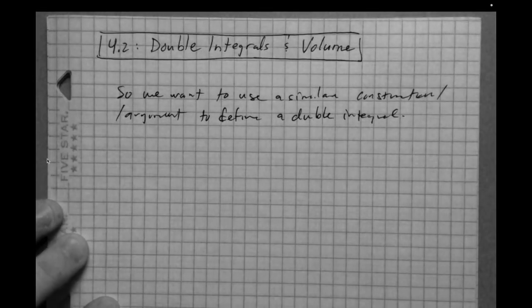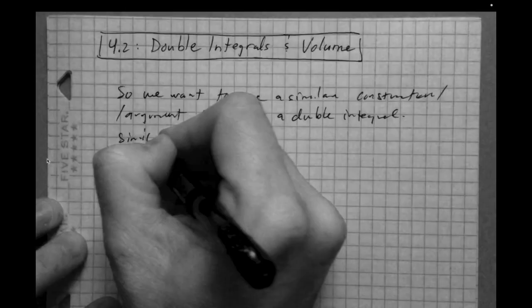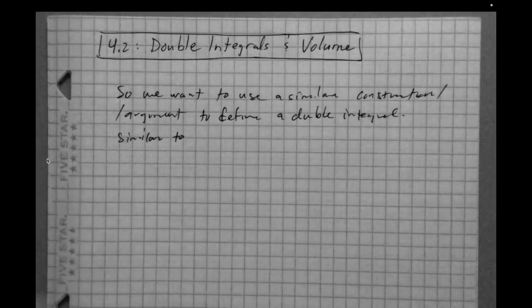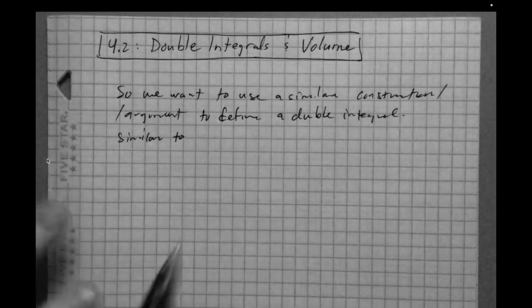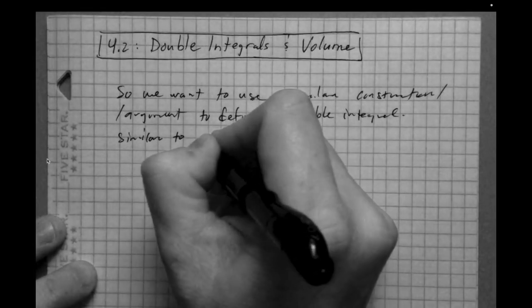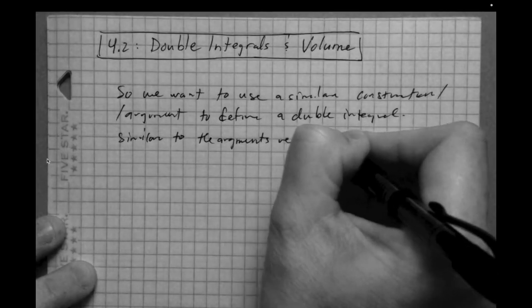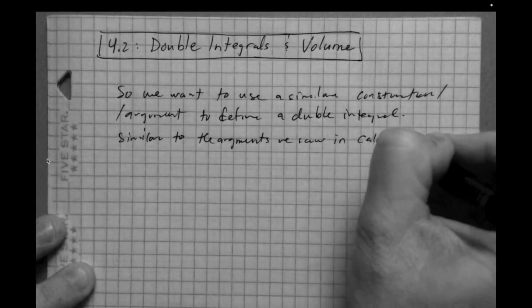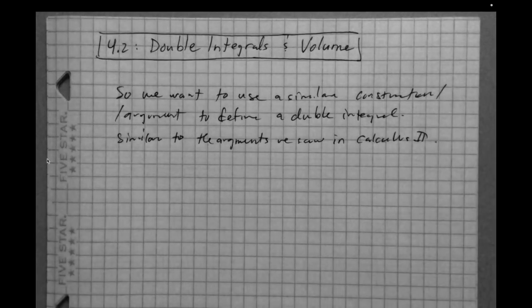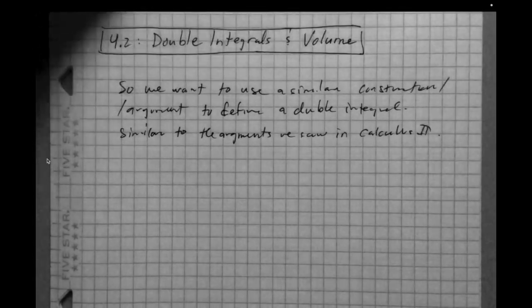When I say similar to the argument we saw in Calculus 1 and Calculus 2, specifically when we talked about finding the area of a region using an integral, now we want to talk about finding the volume of a region using a double integral. So to that end, let's go ahead and define some things.